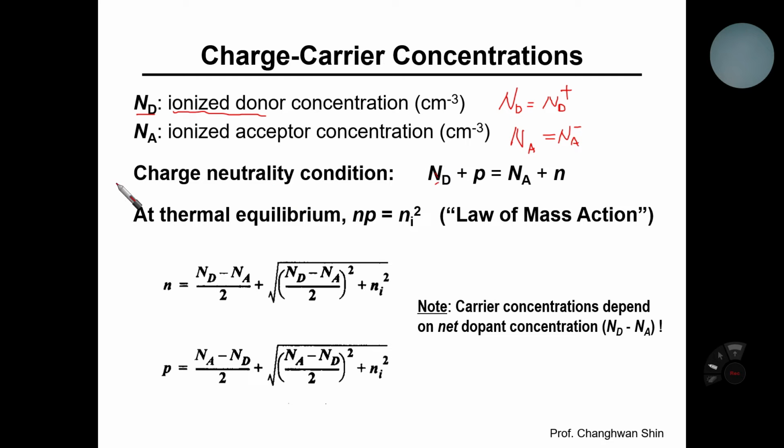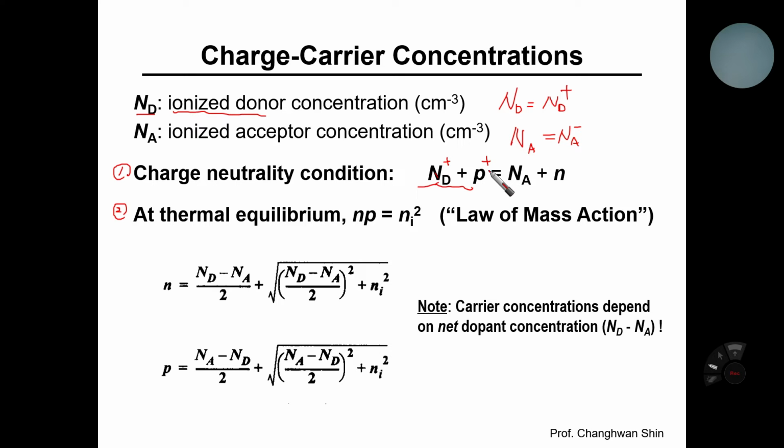In silicon materials, a crystalline silicon material which is doped with donors as well as acceptors, two conditions are satisfied. Number one is the charge neutrality condition. For a given silicon sample doped with acceptors and donors, the total amount of positive charge should be equal to the total amount of negative charge. On the left-hand side of this equation, N sub D plus and the positive hole concentration p indicate the total amount of positive charge.